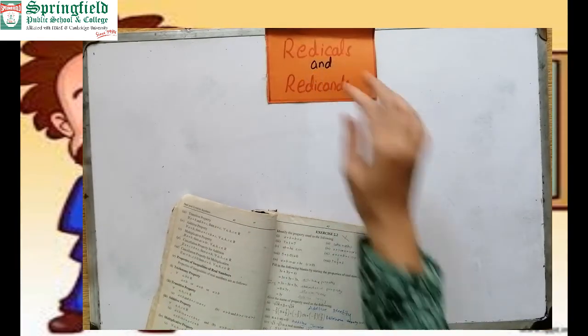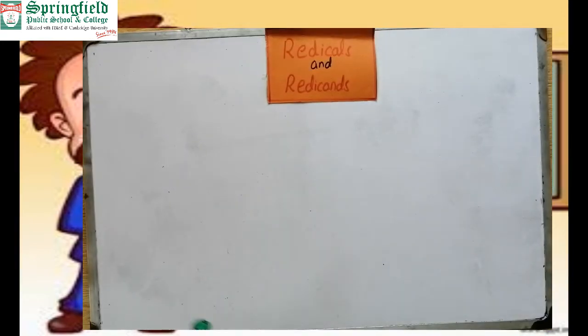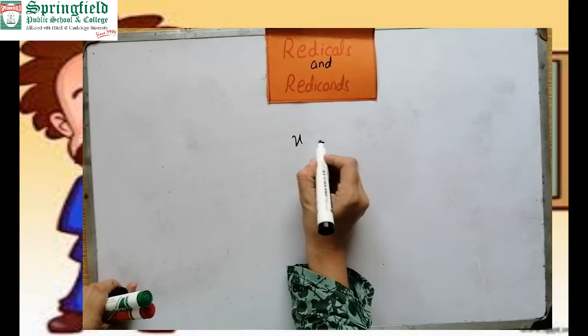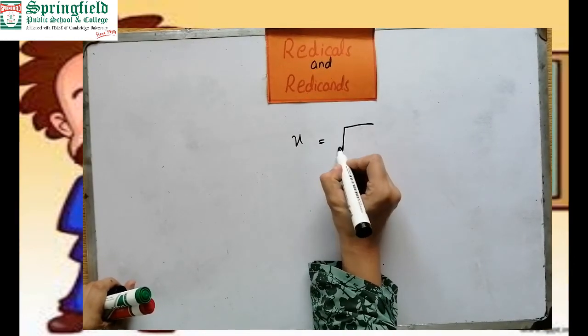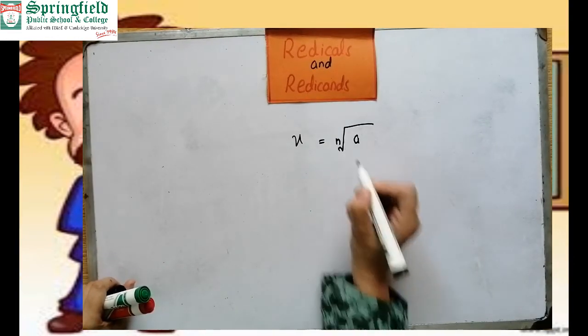Okay, now come to the new topic, which is radical and radicand. Fine. I will tell you which part is called the radical and which one is called the radicand. Let's suppose x is equal to a number, a to the power n.